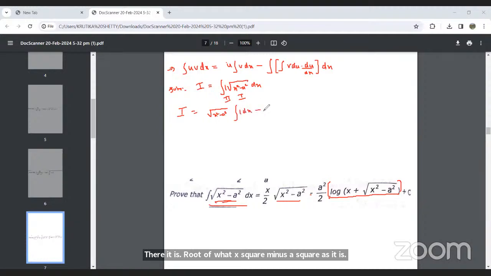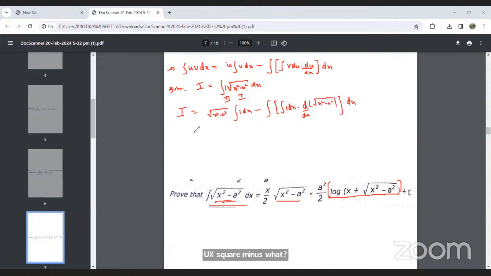I am applying by parts. So in place of v, you need to replace it by 1. So it will be integral of 1 dx into d by dx of u, that is x square minus a square, whole dx.